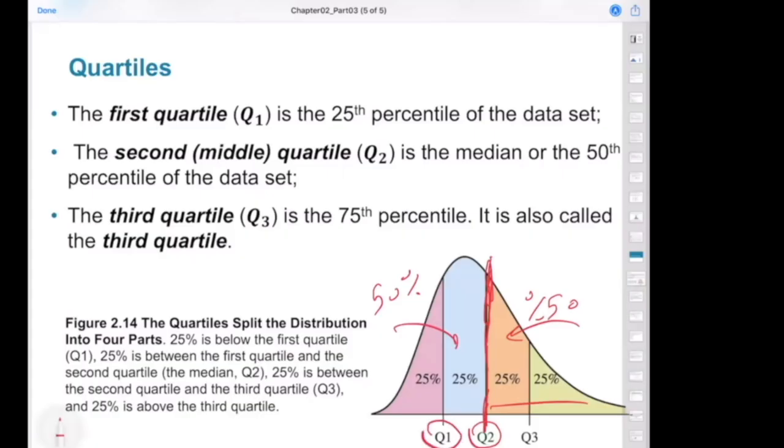So you will have Q1, right? And the same thing for the second half. Find the median again, so you have the third quartile. As you can see, Q1, Q2, Q3 divide the distribution into 4 equal areas, 25% of the data for each one of them. Okay?